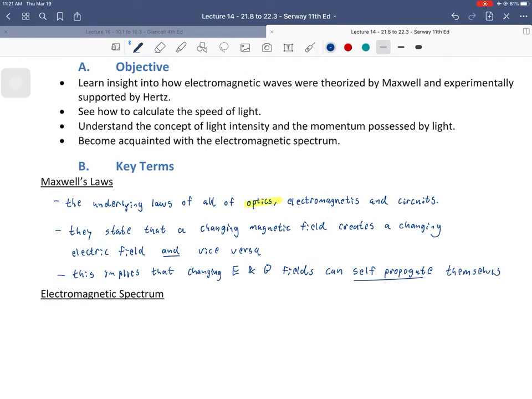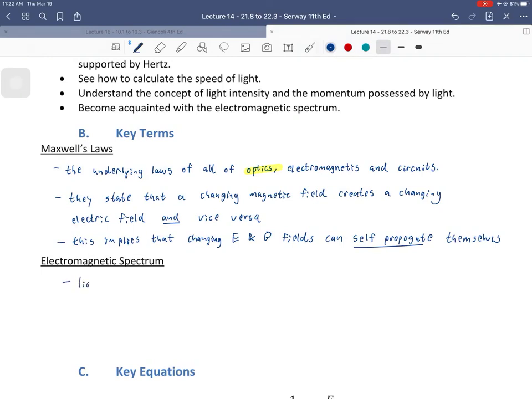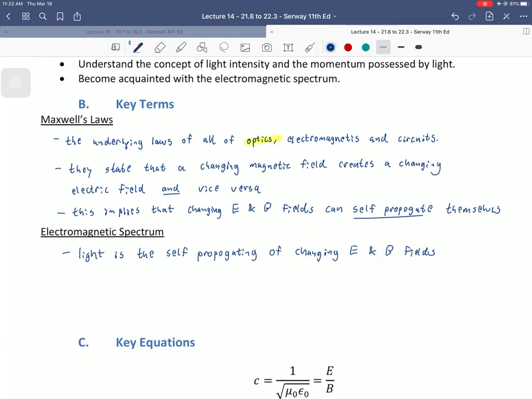And that idea, that self-propagation of changing electric fields and changing magnetic fields, is light. So light is the self-propagation of changing E and B fields. That's precisely what light is.